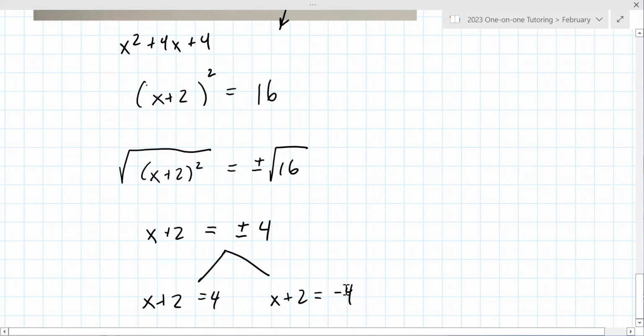One's positive, one's negative. So it's x equals 2 and x equals minus 6.